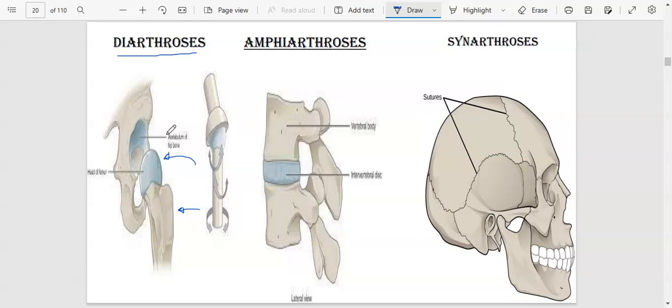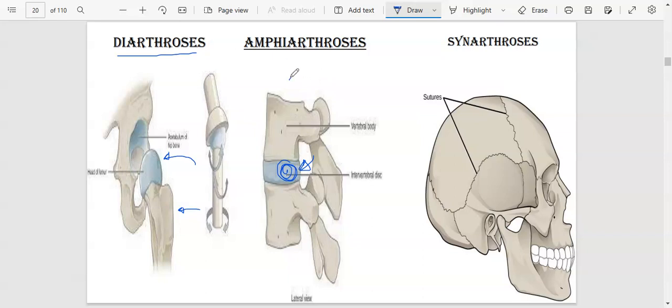Movement can be allowed without limit. And then you have the amphiarthrosis, this joint which is found here, on the vertebrae, and that is going to be called a symphysis.